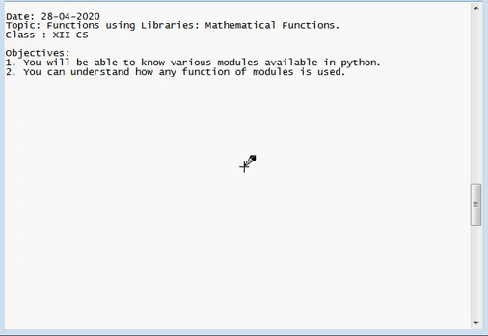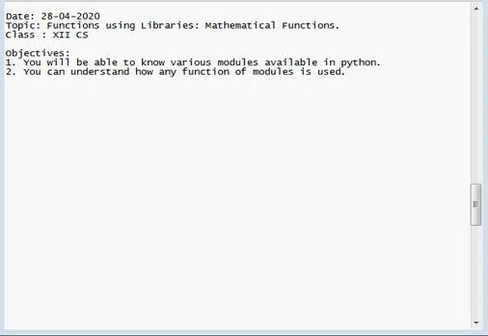So what will be the name of that library or module? If it contains mathematical functions, it should be relevant with it. So its name is math module, or you can say it is a math library. So why do you require the math module?